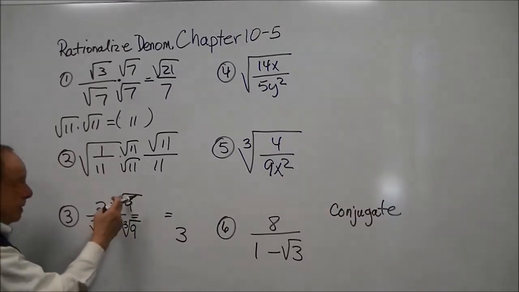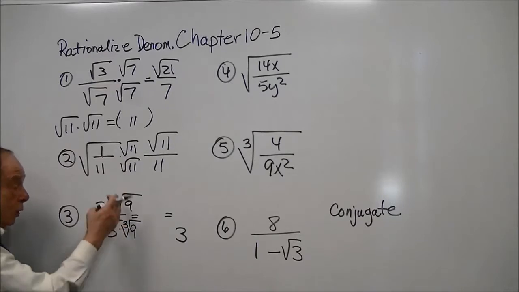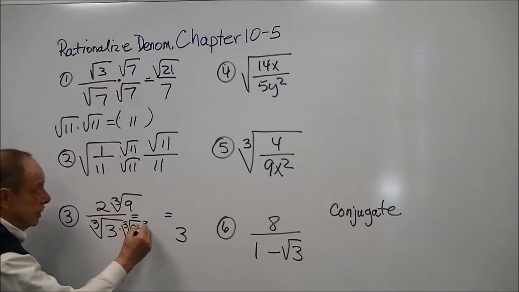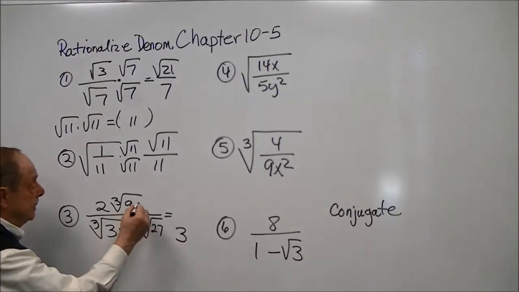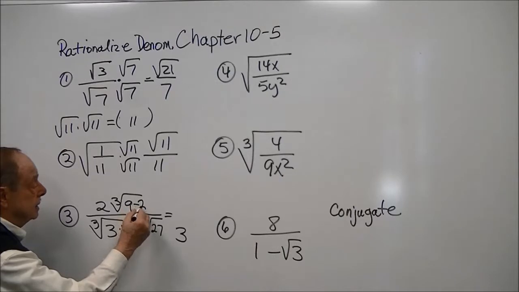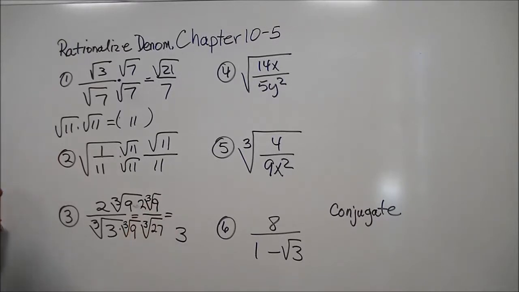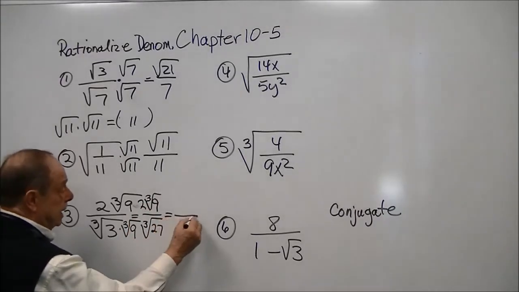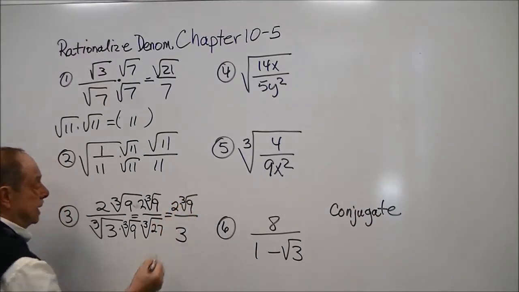Remember, multiplying by the cube root of 9 divided by the cube root of 9 is multiplying it by 1. But now this makes this the cube root of 27. And this is still just plain 2, the cube root of 9. So the cube root of 27 is my 3, and my numerator is 2, the cube root of 9.